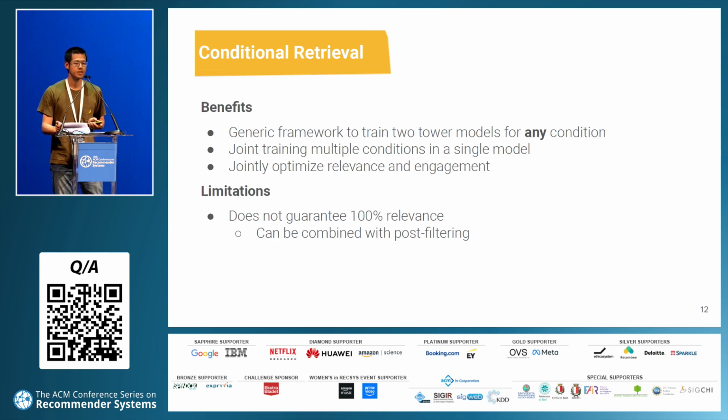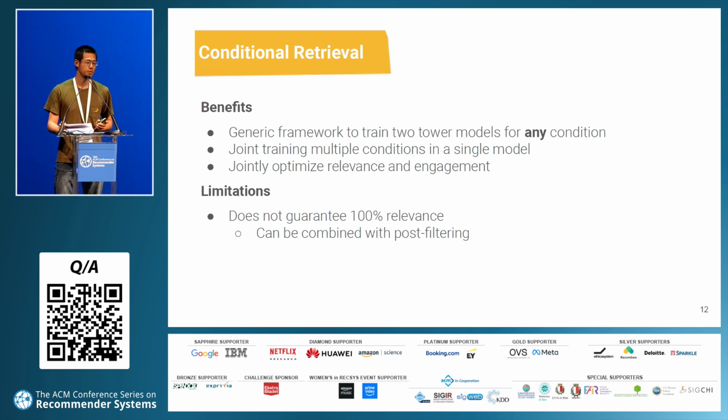The benefit of this approach is that it can generalize to mostly all the use cases you can think of. In addition, we can extend this to jointly model multiple conditions in one single model to simplify the model architecture and encourage knowledge sharing.